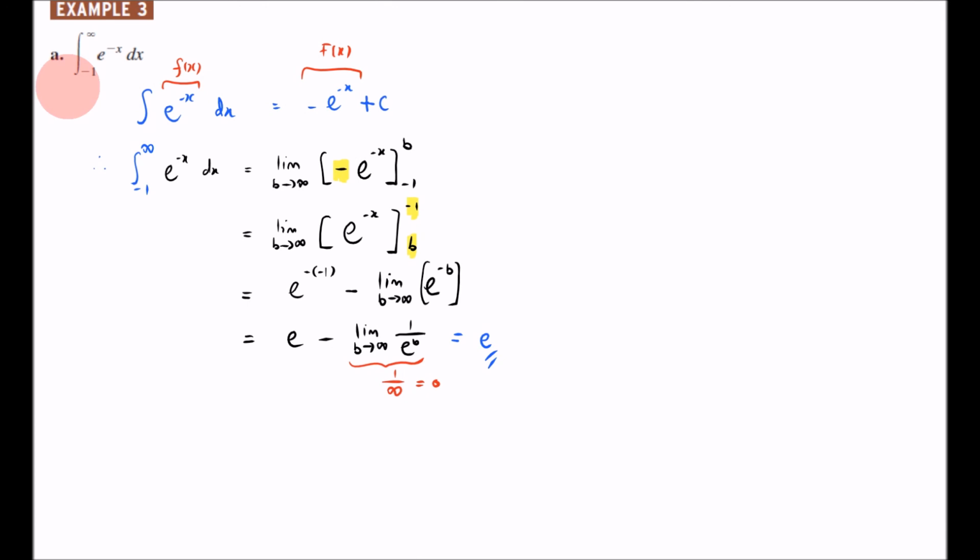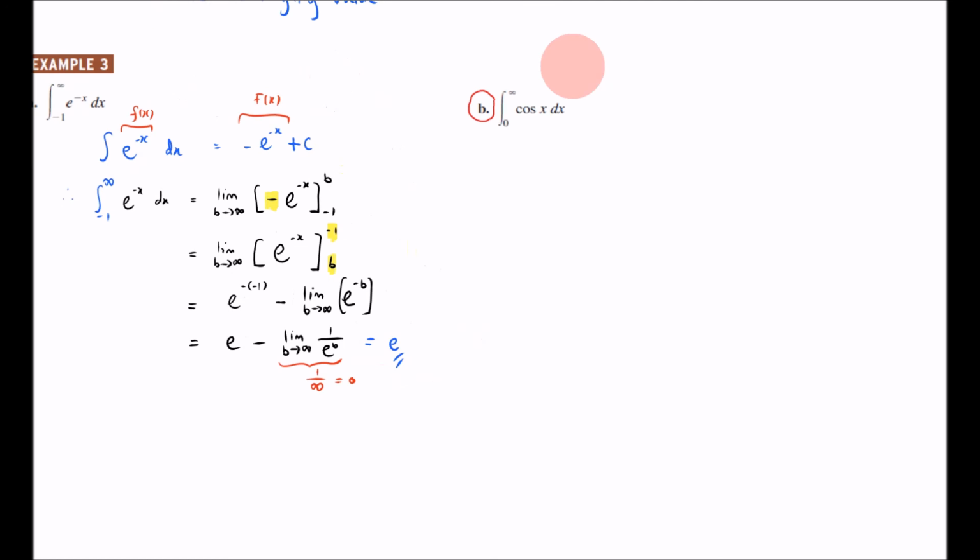Now we can go to the next example, 3b. Similarly, I just integrate without the limits. Now you substitute your limits in.